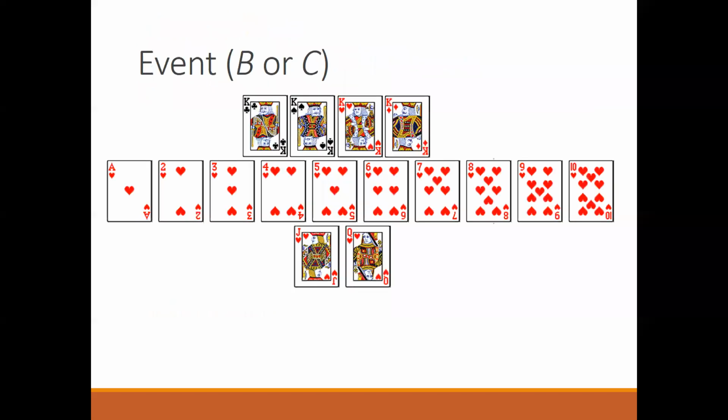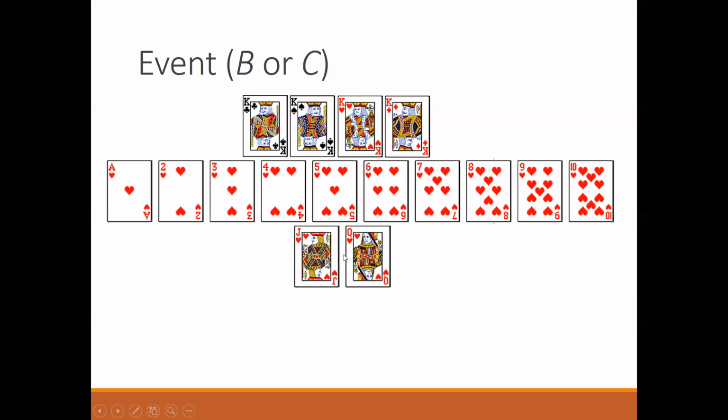Let's take one more. This is the example which I was telling you. If I'm using OR, here you can see we have four kings. And how many heart cards do we have? I exclude the king of hearts, because I have already included it here on top. That's why I have not considered the king in my number of heart cards.